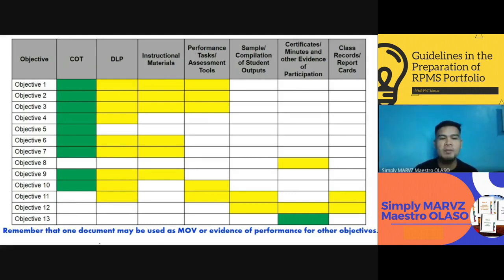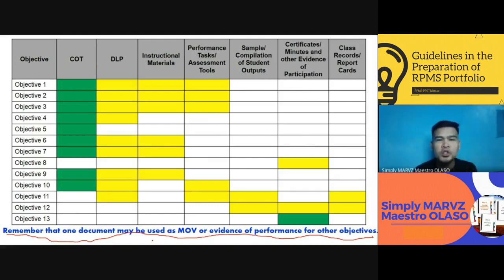O, katulad nito, remember, nakalagay dito, remember that one document may be used as MOV or evidence of performance for other objectives. Ibig sabihin po nun, kapag nag-present na tayo ng isang document, yung document na yun ay pwede nang magamit sa ibang objectives. Hindi po kailangan i-photocopy.